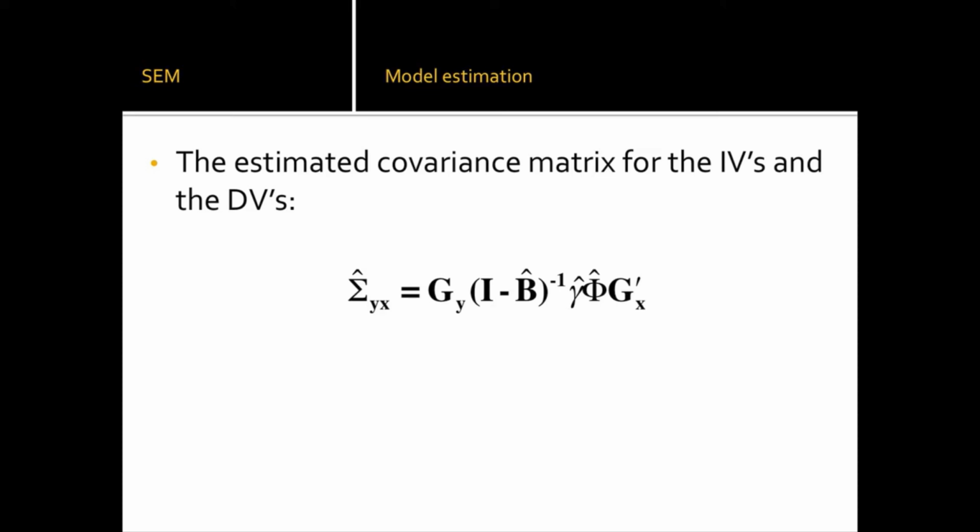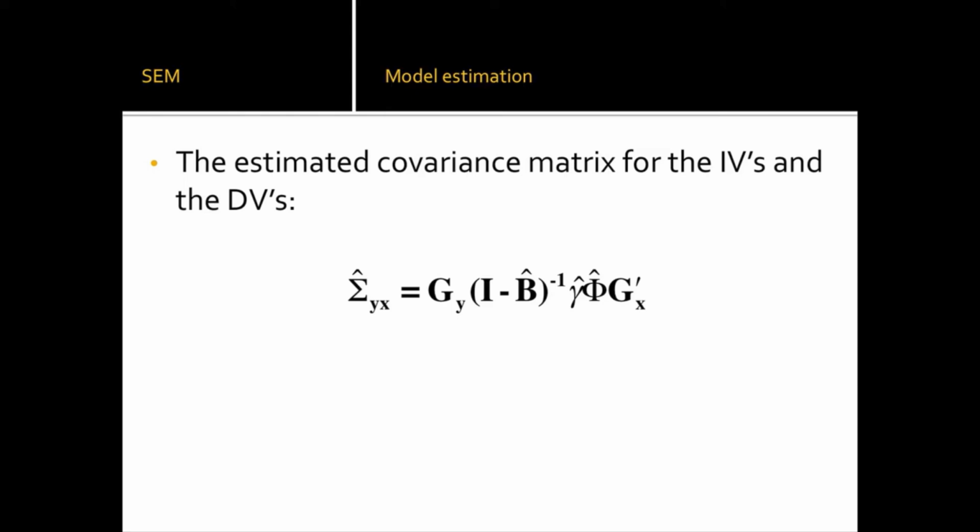This one I can offer another explanation, it may or may not be useful. We've got these selection matrices out here on the side, again selecting out certain betas, and in this case also certain elements of the phi matrix as well. You've also got a gamma in there. Why the gamma is not squared, I'm not exactly sure, but it's because we have IVs and DVs in here ultimately.